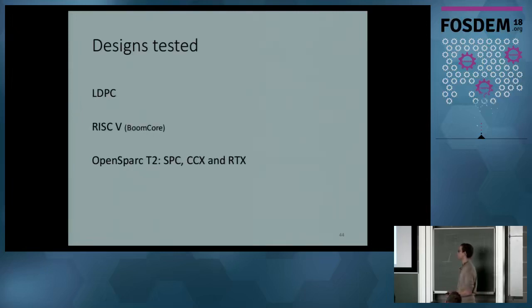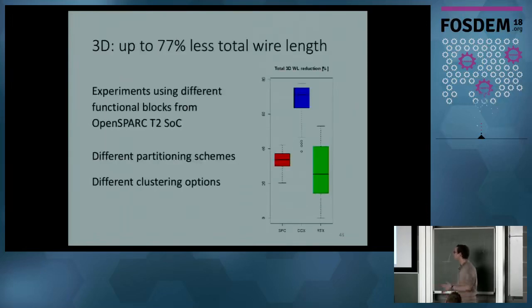And talking about robustness, well, yes and no, actually. What you can hope to gain using this flow for these particular designs is up to 77% total wire length reduction when going 3D. But you can see that it heavily depends on the design that is tested. The crossbar highly benefits from it, but the Ethernet module in green on the right can go down to 0% gains, so it just loses some performance.